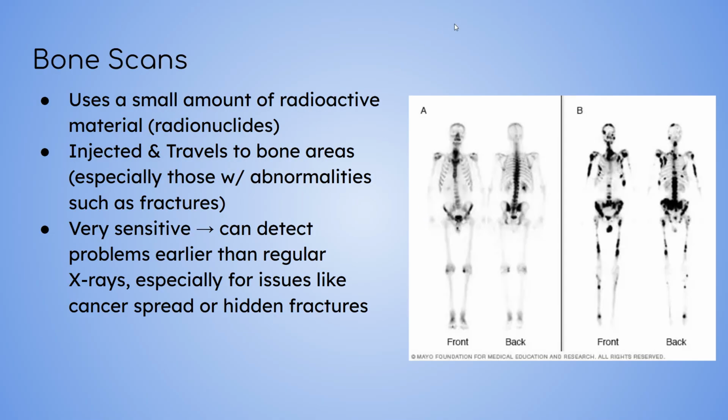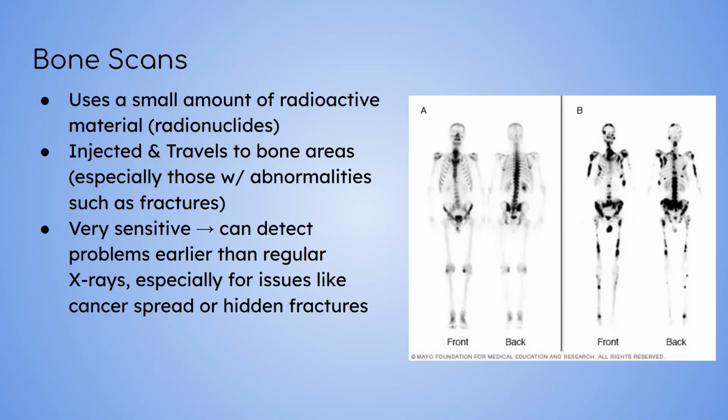So the final scan I have here are bone scans, and these use radioactive material, which are radionuclides, as tracers. And as you can imagine, it's a bone scan, so it scans the bones. It's injected into the body and travels to bone areas, especially to areas with abnormalities, like osteosarcoma, bone cancers, or fractures.